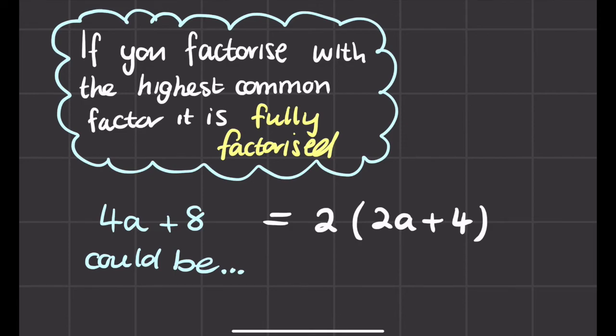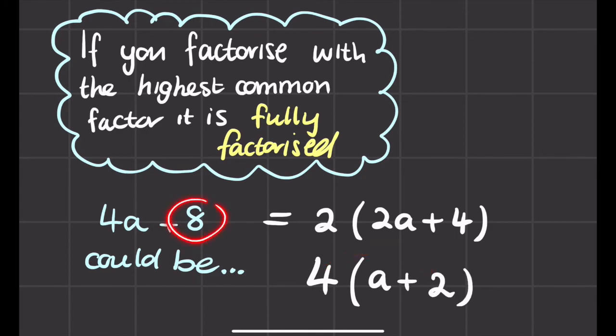Okay, but it's not fully factorised because I could make this number at the front a little bit bigger, because these two terms still have a common factor. They've got a common factor here of 2. So I can multiply this by 2 again, and instead I could have 4. So we could have 4 multiplied by a to make 4a, and I could have 4 multiplied by 2 to make 8.